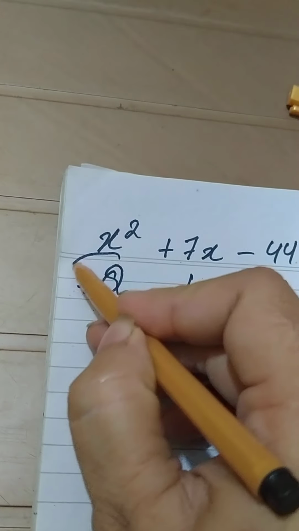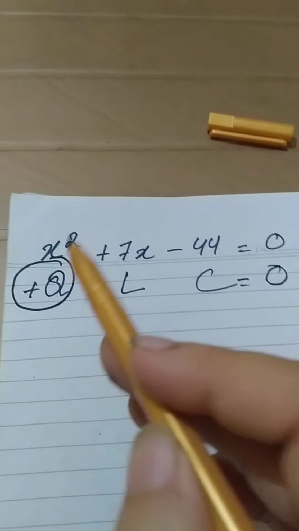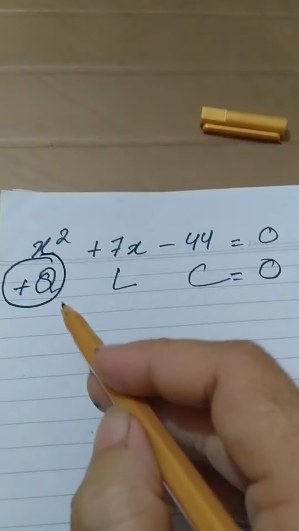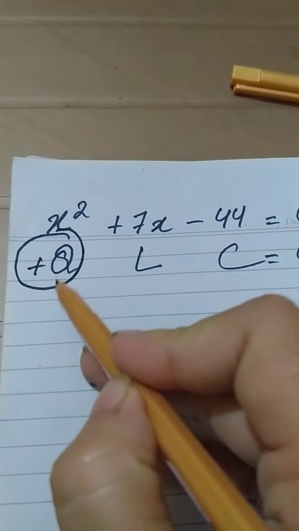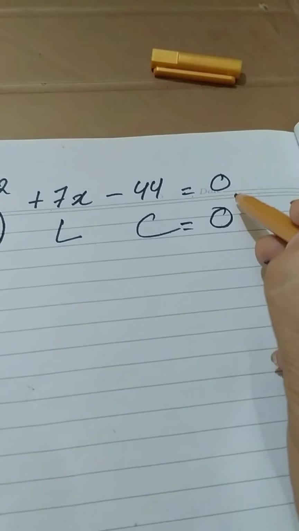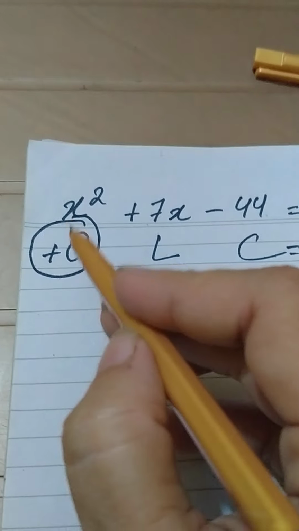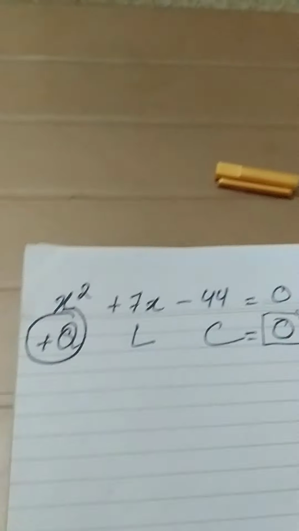These are two important things, guys. We need the quadratic term always positive, and the other side equal to 0. So this is the first step.